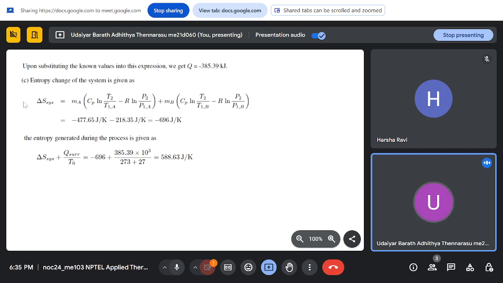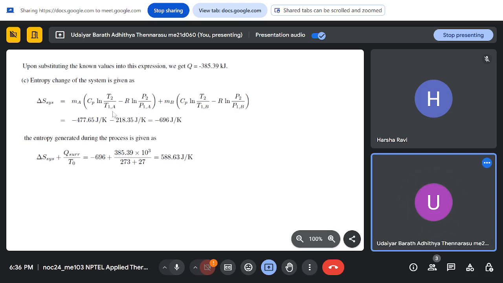This we can get from any of the TdS relations. So if you take dU equals TdS minus PdV, substitute that and apply the ideal gas equation, you will end up with this: Ma Cp ln T2 by T1 minus R ln P2 by P1. So that's what we will get.